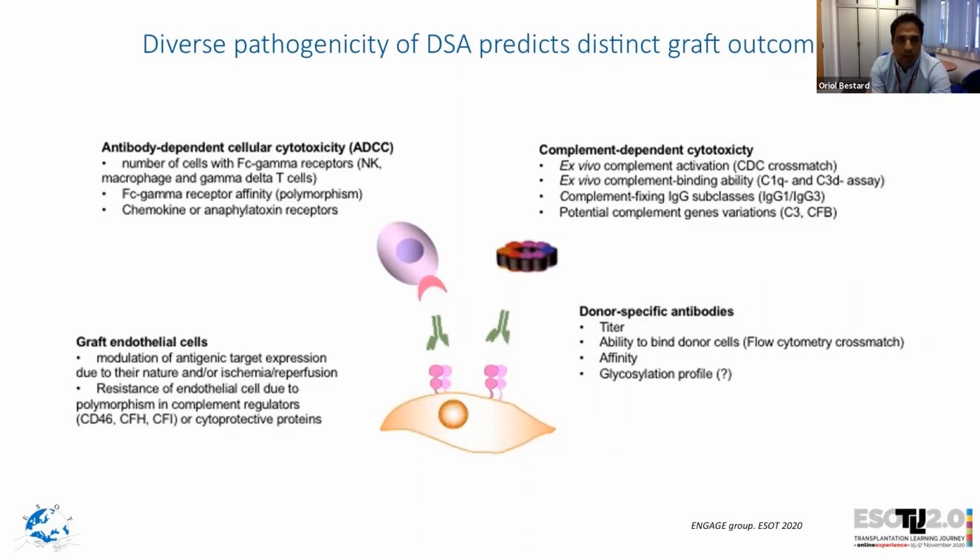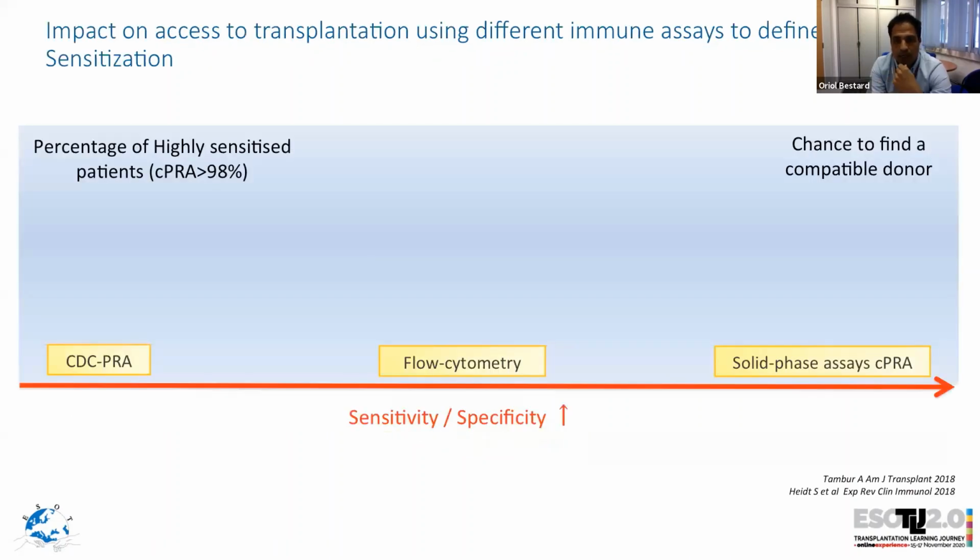So all these biological characteristics of the DSA will also impact the type of assay that we use in our histocompatibility labs. And of course, the sensitivity and specificity of these assays will also impact the likelihood of classifying a patient as highly sensitized, and therefore being included in a prioritization program.